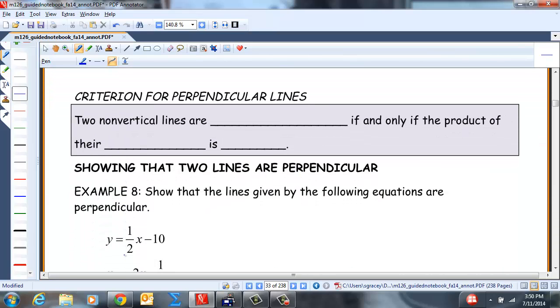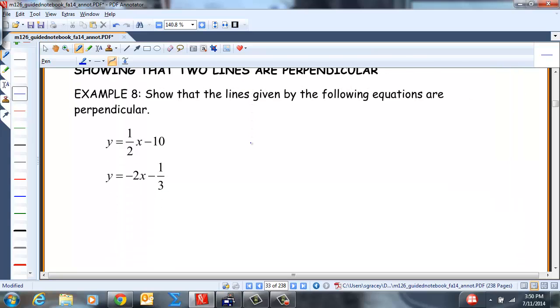Okay, so criterion for perpendicular lines. Two non-vertical lines are perpendicular if and only if the product of their slopes is negative 1. All right, so show that the lines given by the following equations are perpendicular. So here, if you consider this the first line, the slope, let's call it m1, is what? Good, 1/2, because it's already in slope-intercept form.